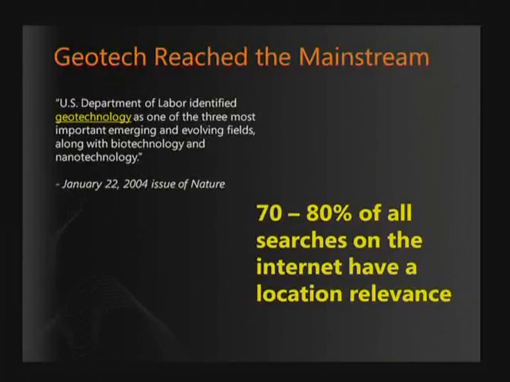It was foreseen by people who are interested in geospatial data for quite a while. And it is not really surprising that the Department of Labor discovered the 3 most important technologies for coming years as geotechnology, nanotechnology, and biotechnology, with geotechnology ranking first.